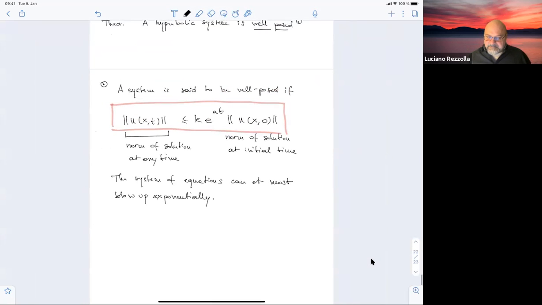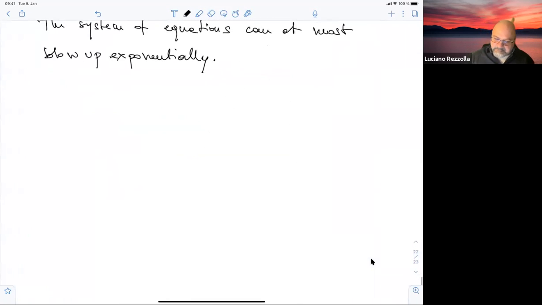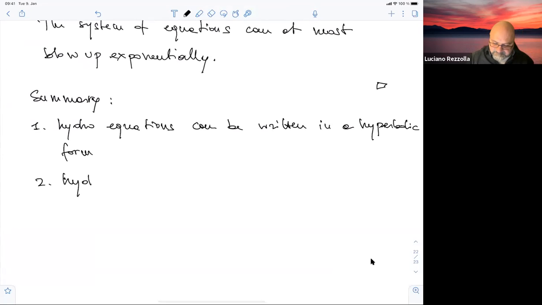Okay, so the bottom line can be summarized as follows. First, hydro equations are hyperbolic, or can be written in a hyperbolic form. The second one is that hydro equations are nonlinear.